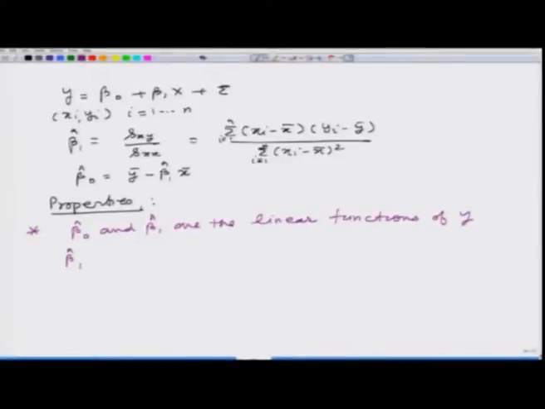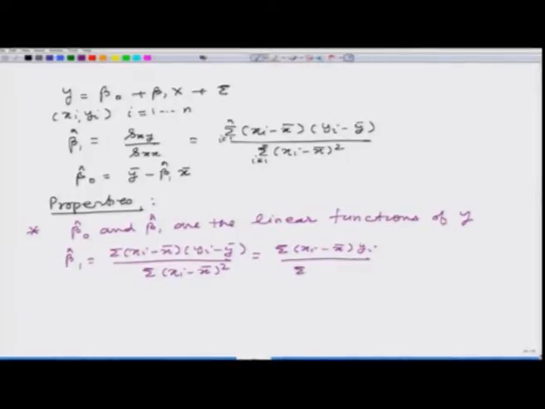So, let me take beta 1 hat here. Beta 1 hat is given by summation xi minus x bar, yi minus y bar upon summation xi minus x bar whole square. So, I can write this as summation xi minus x bar times yi divided by summation xi minus x bar whole square, minus summation xi minus x bar times y bar.